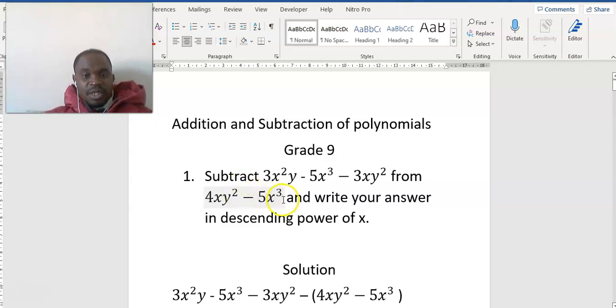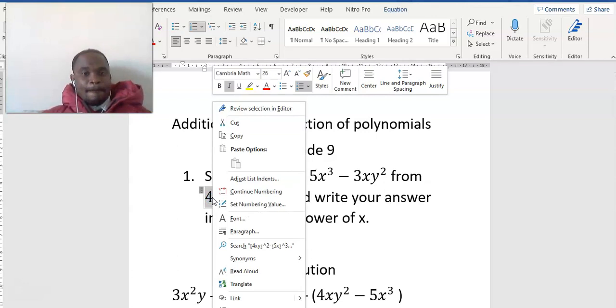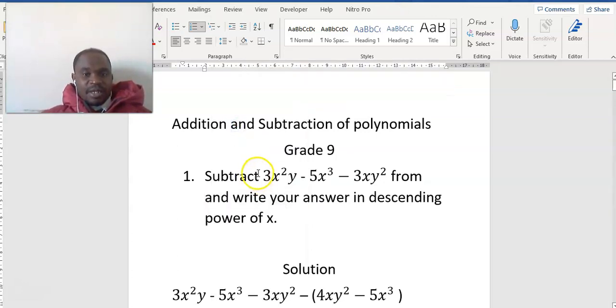So it's supposed to be this one minus that. Are we together? Not the other way around. So I'm going to reframe the question and solve it this way. Alright, so this is supposed to be subtract, let me cut it from here and put it here.